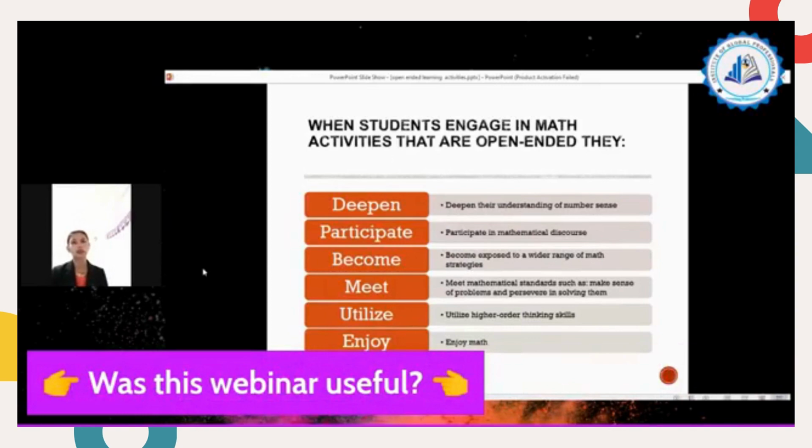They don't want to answer, and they don't want to go deeper with the subject because of the numbers. But using these open-ended strategies or open-ended materials, they're going to enjoy math and then come up with the answer.